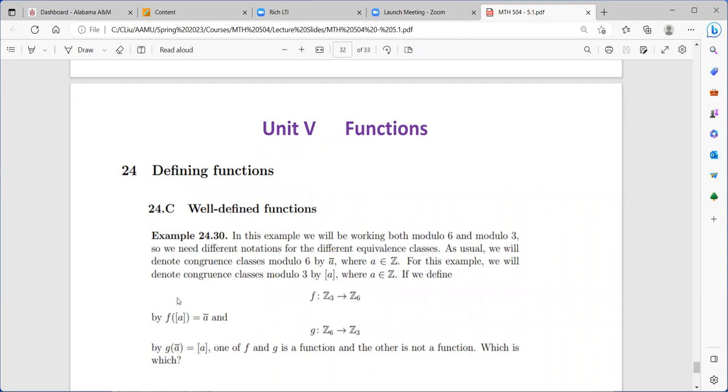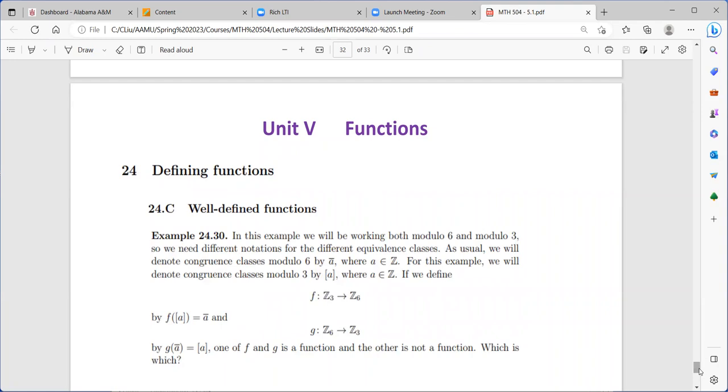You plug in the same class in the first coordinate, but you get a different class in the second coordinate of the pairs.